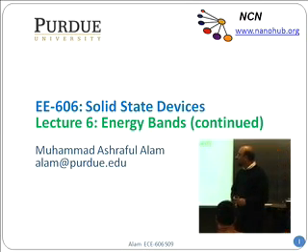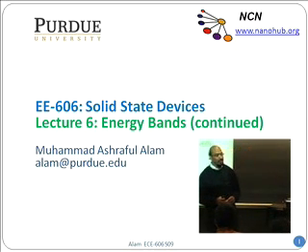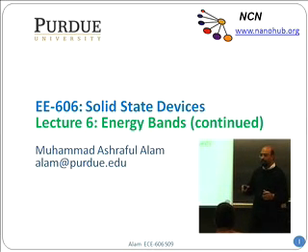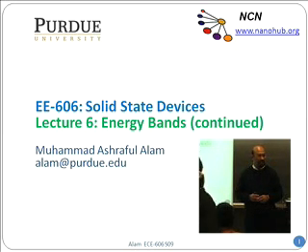Today is lecture 6, and this is a continuation of the energy band and its properties. If you remember, we are in the process of calculating the total number of electrons that can respond to an electric field so that we can calculate current.